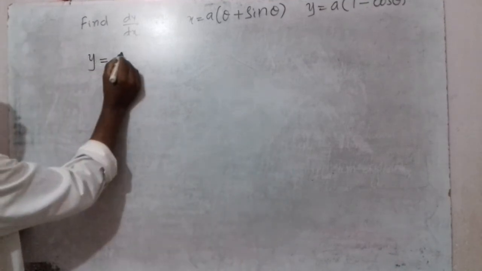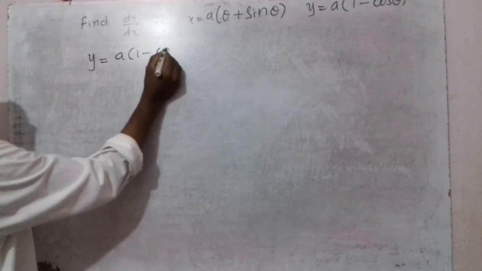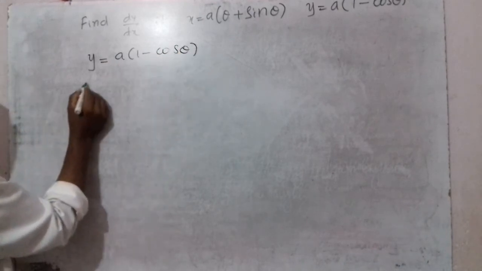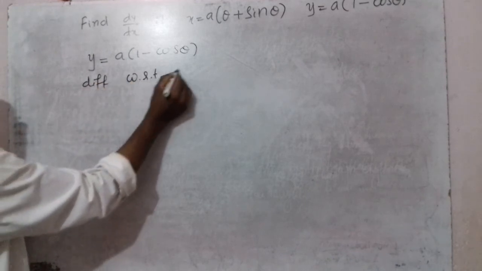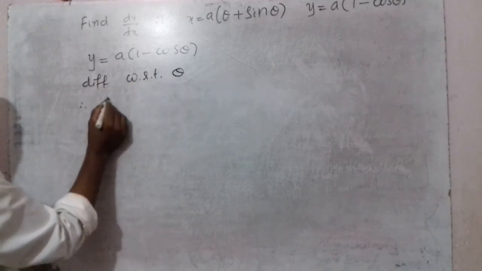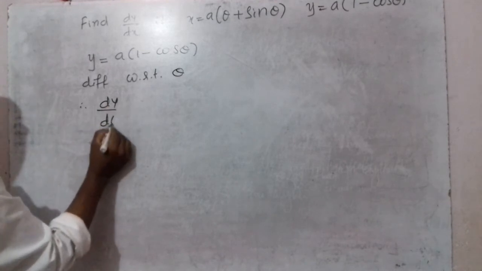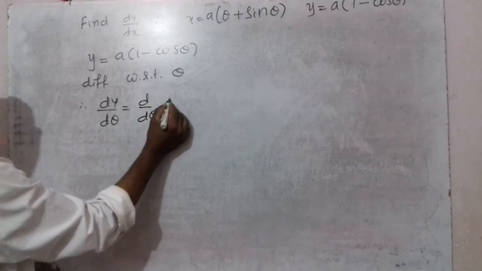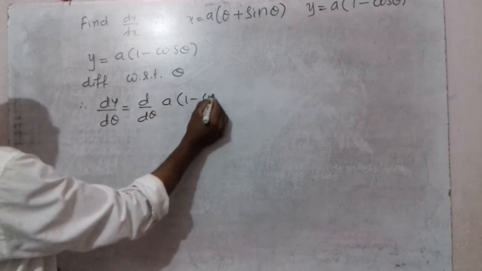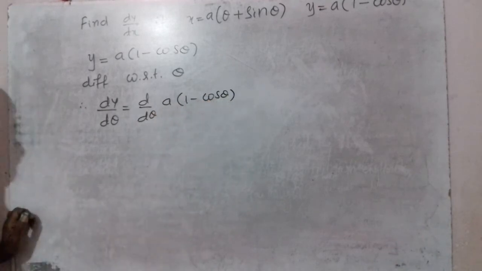y equals a into 1 minus cos theta. Differentiate with respect to theta. dy by d theta equals d by d theta of a into 1 minus cos theta.